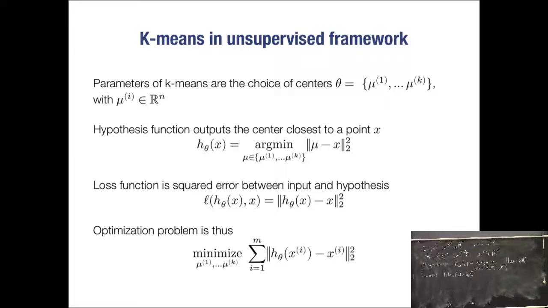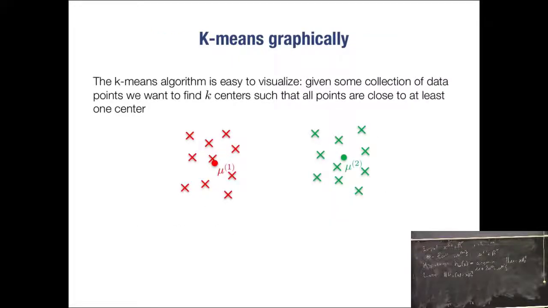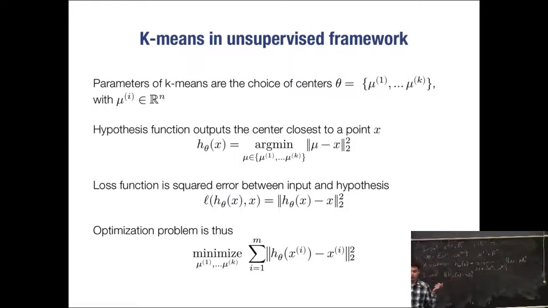I said we wanted to find some centers such that for every point in our data set, we have some center that's close to it. A way of formalizing that is to take my hypothesis function to be outputting the closest center, and then measure my loss in terms of how far away that is from my original point.